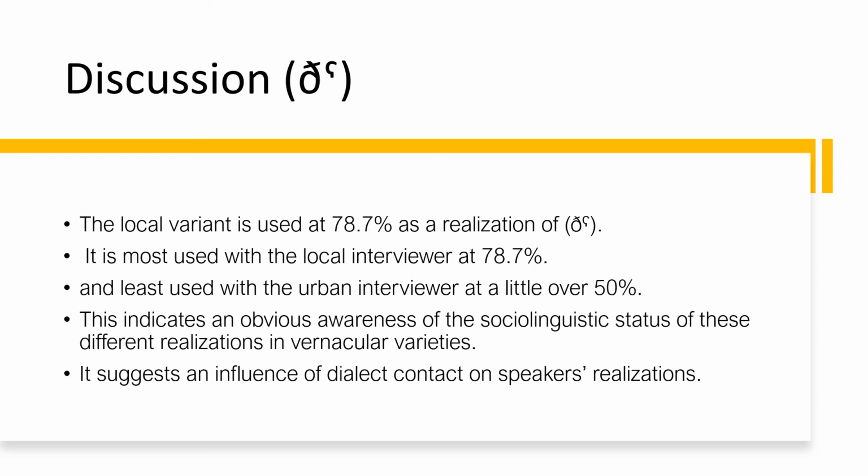This obviously indicates that these speakers have that awareness of the sociolinguistic status of these different realizations in vernacular varieties, and suggests that there is an influence of dialect contact with Damascene Arabic on their speech, and that influence can be seen through their convergence to the urban interviewer.